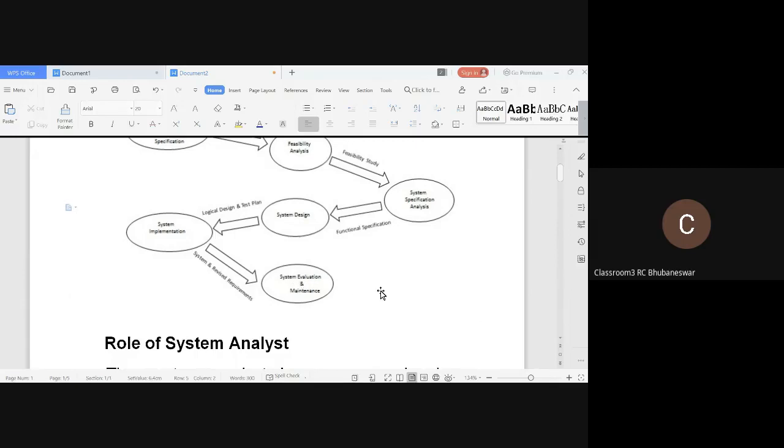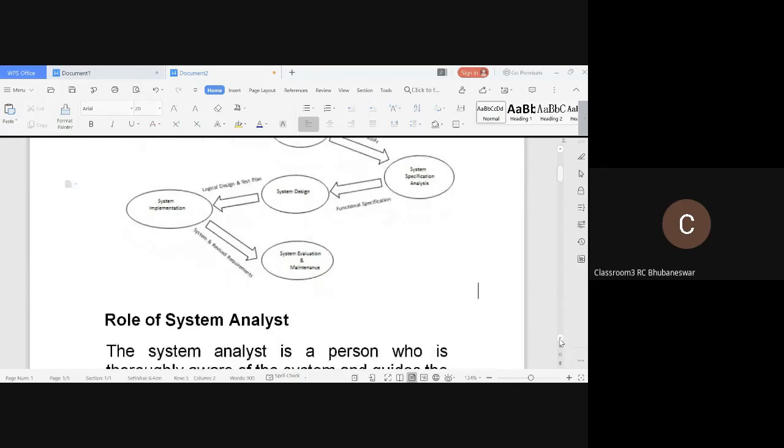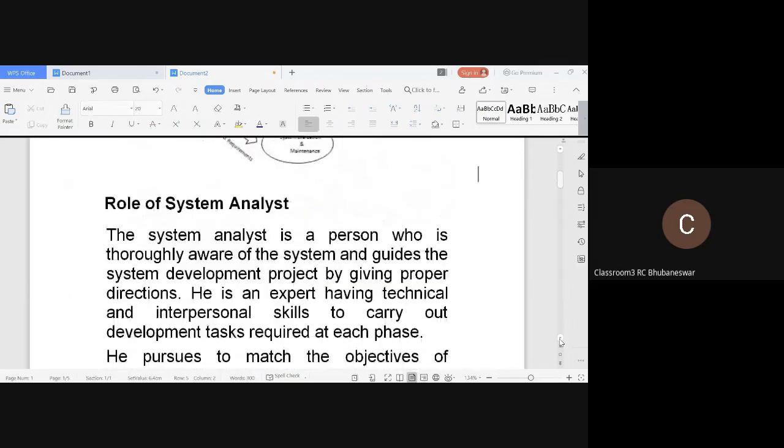Now let us discuss the system analyst. Let me increase the font.